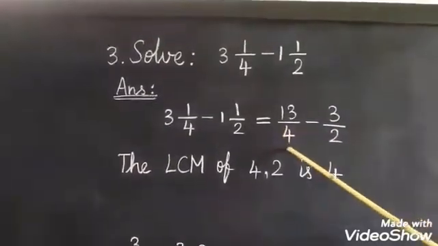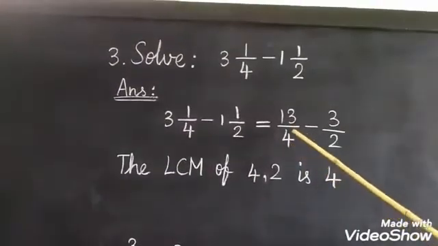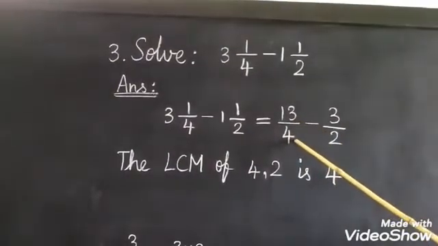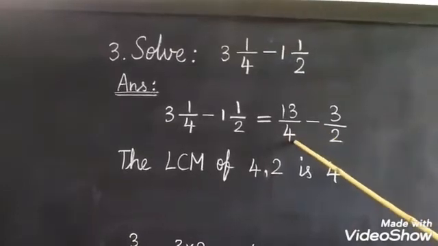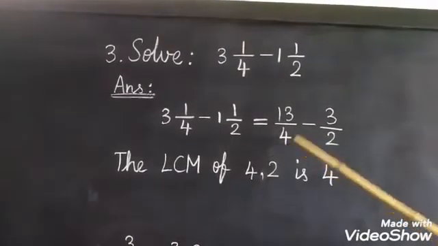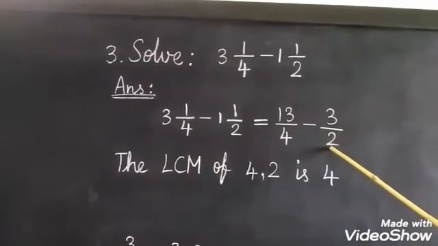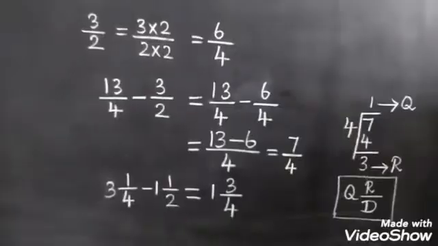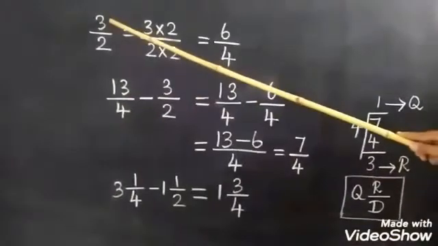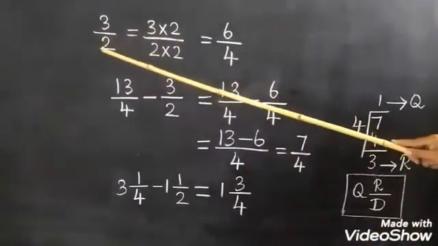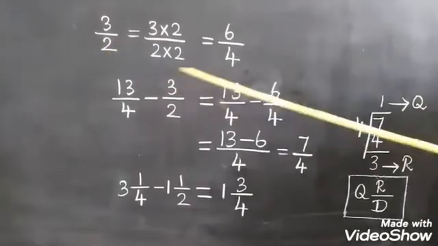In the first fraction we already have 4 in the denominator, so there is no change. 13 by 4 as it is we can keep. Only in the second fraction we want to make the change. See 3 by 2 we have. So we want to change the denominator to 4.